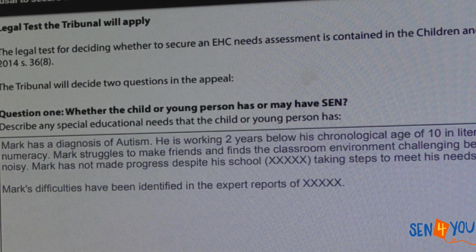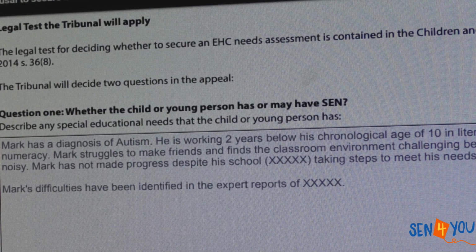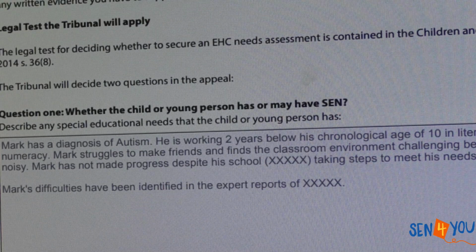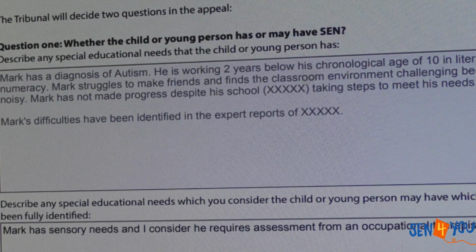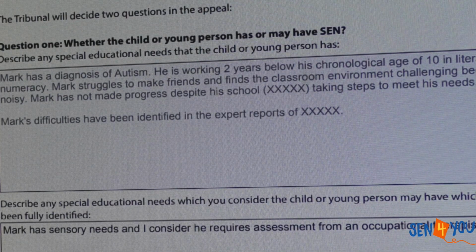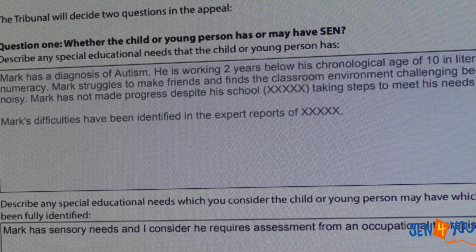Now, the next box, Mark has sensory needs, and I consider he requires assessment from an occupational therapist. And so you just list here, if your child hasn't had input from experts, this is where you would list that this is why you think they need to have an EHC needs assessment.